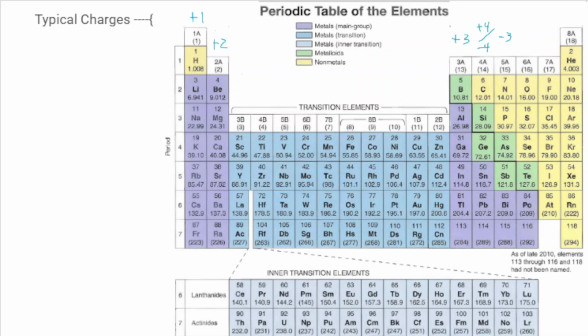Then for oxygen and the species below it, they will normally gain 2 electrons, giving a -2 charge. And for fluorine and the elements below that, or the halogens, they will normally gain 1 electron and have a -1 charge. And then lastly, for the noble gases, they don't normally gain or lose electrons, so their charge will be 0 generally.